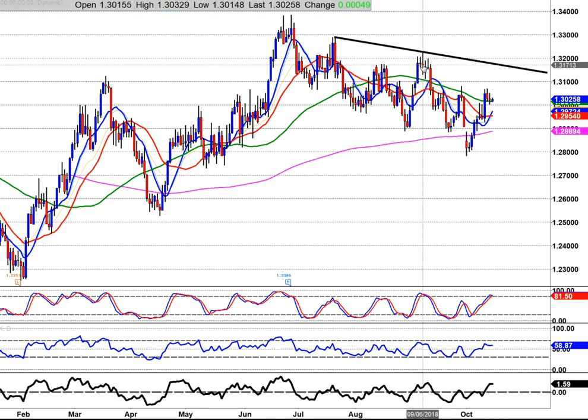You've got obviously this here, which is coming in at 131.74. So there's natural resistance up at that higher level, 131.79.